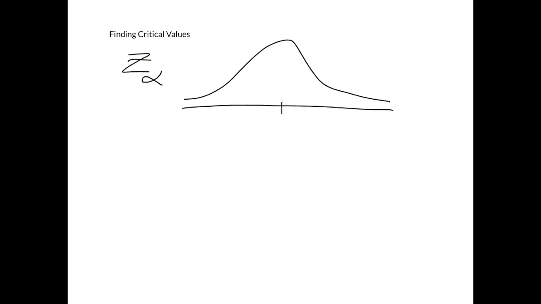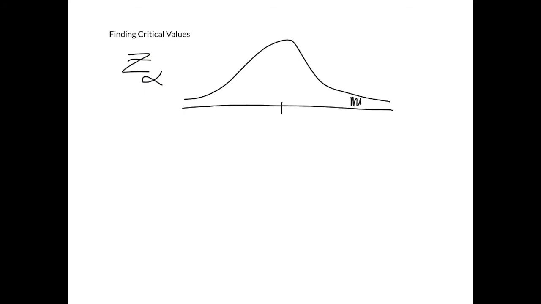So let's go get those critical values. When it comes to critical values, it's really important that we know our symbolic notation. And we started with this reference back in chapter 7. We started to talk about what is z sub alpha. And that, recall, is the z-score that bounds alpha's worth of area in the right tail.